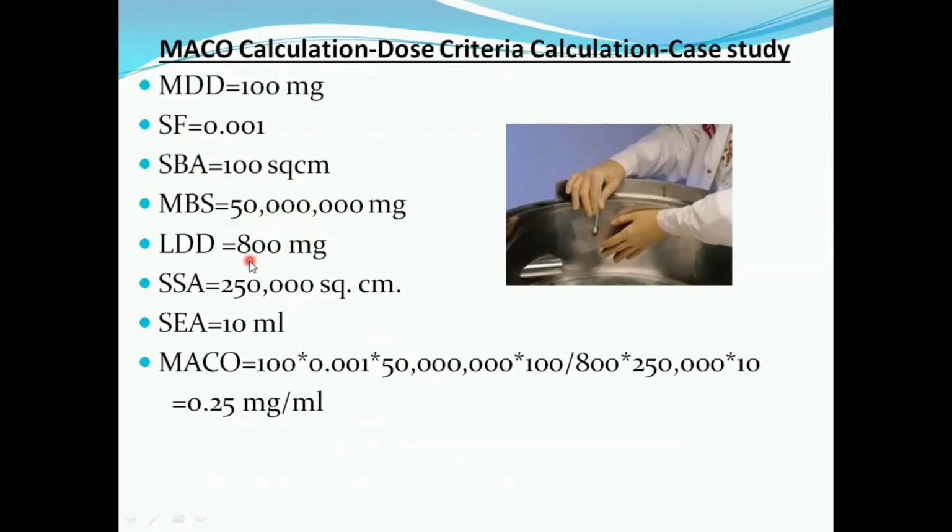Then I have taken largest daily dose 100 milligrams divided by surface contact area of equipment 2,50,000. Then solvent extraction amount, I have taken 10 ml. Solvent extraction amount means the swab stick in which we are dipping, that amount is called the solvent extraction amount. So in this case, micro came to 0.25 mg per ml.